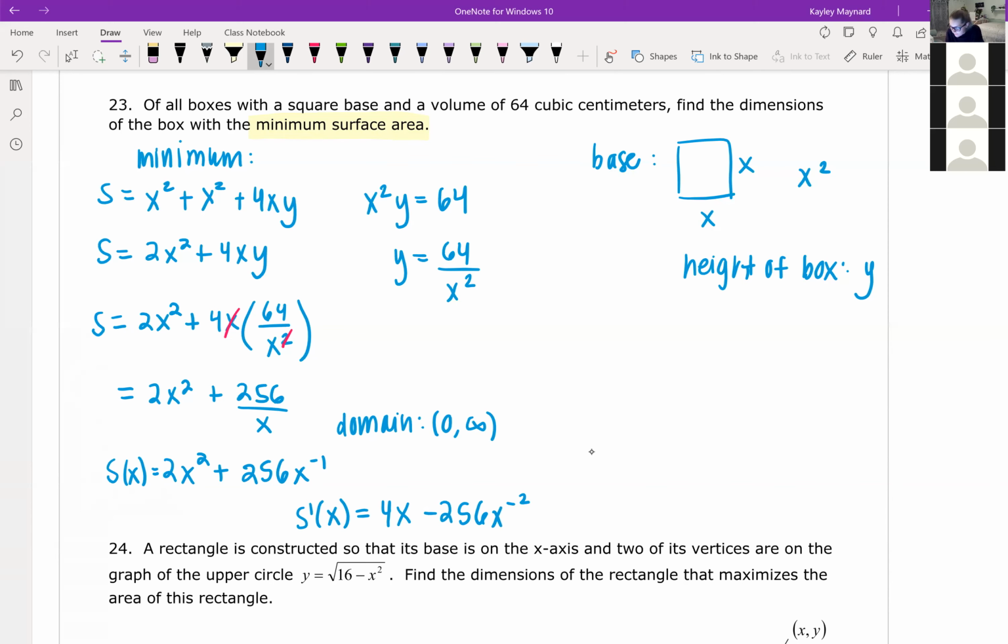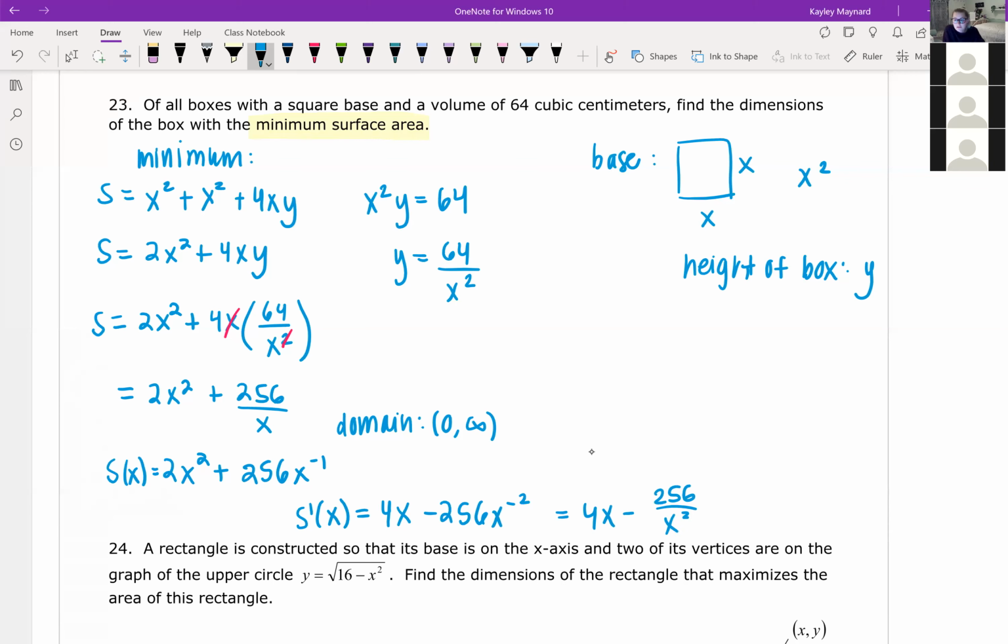Then what we want to do now is find where either this is 0 or where this is possibly undefined. There's no spot in the domain where this is undefined, because the only spot where it would be undefined would be at 0, because this is the same as 4x minus 256 over x squared.